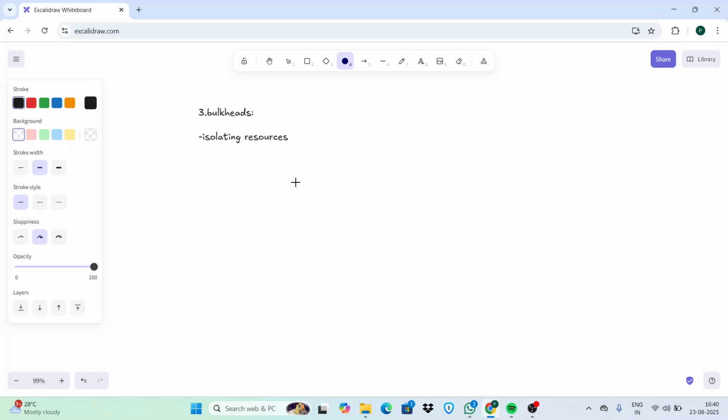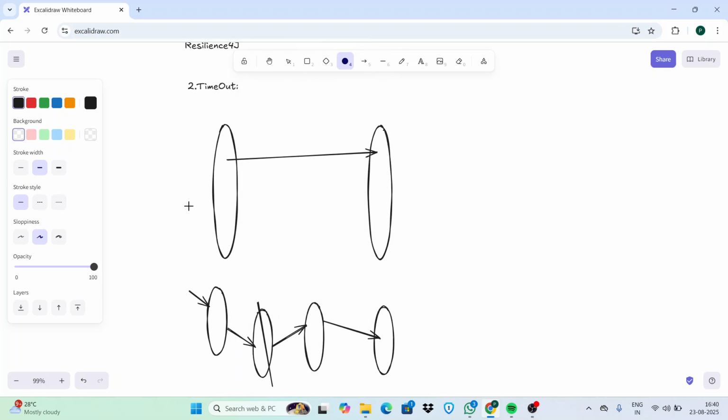See, in this example, consider M1 is calling M2. Somehow M2 is not able to process that request.